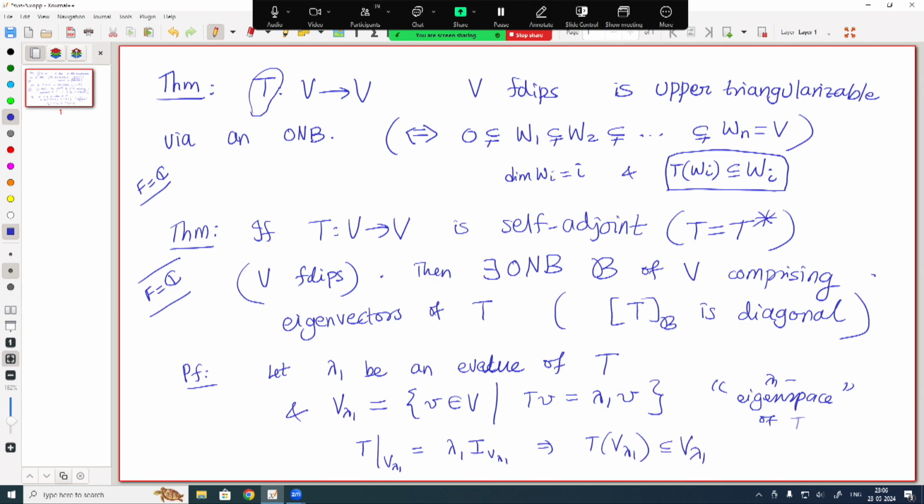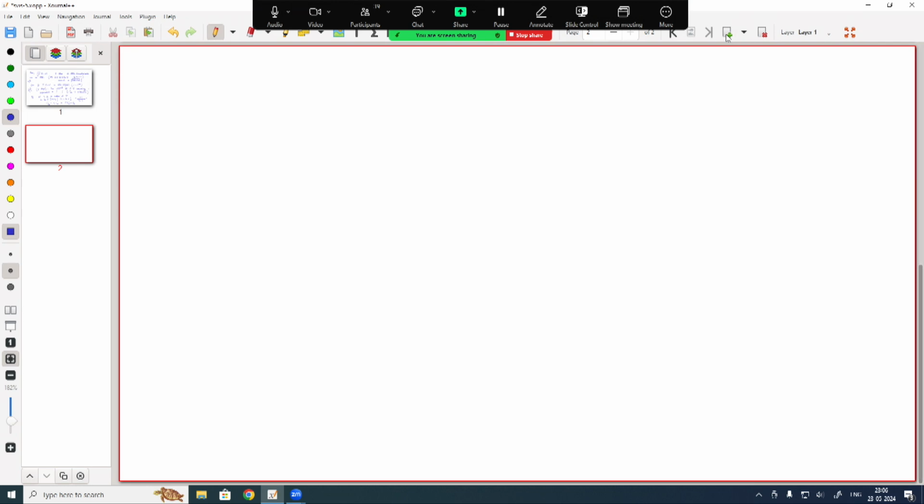and so then we use the most useful lemma regarding adjoints, which is from last time, recall: if T leaves a subspace invariant, T star leaves the perp invariant. Okay. So, that was what we proved last time.